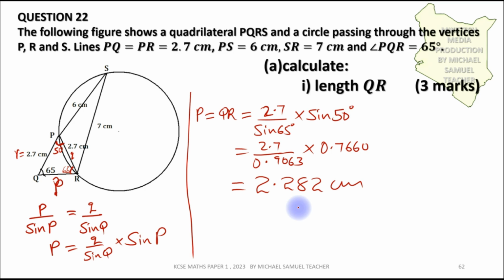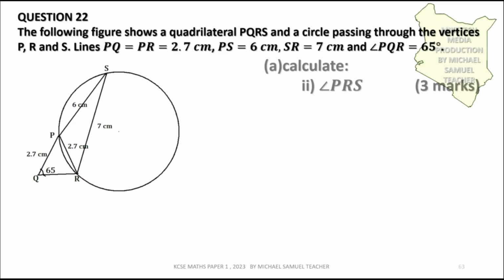Then we move on to part A, Roman 2. We get angle PRS. PRS, this angle, is what we require. We are going to use the cosine rule. Since this side is opposite vertex R, we call it small r, equal to 6 centimeters.